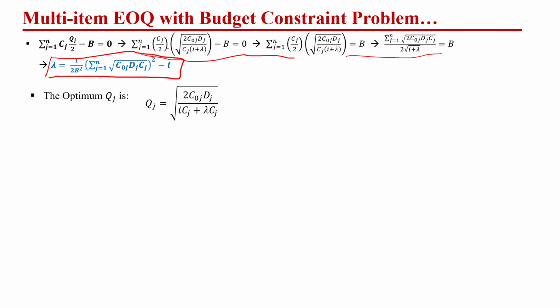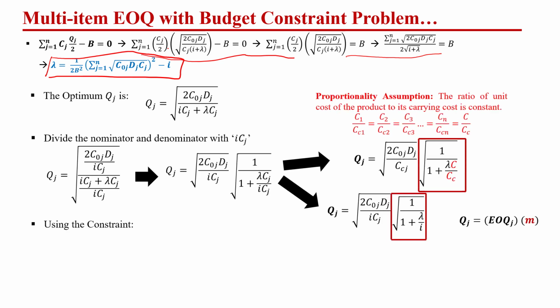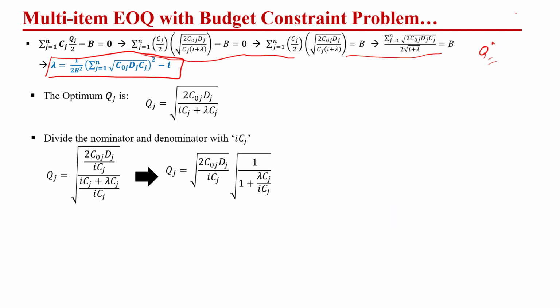Remember that in order to find out the optimum order quantity, once we have the optimum lambda, one way is that we should get the value of q star as we have done over here.